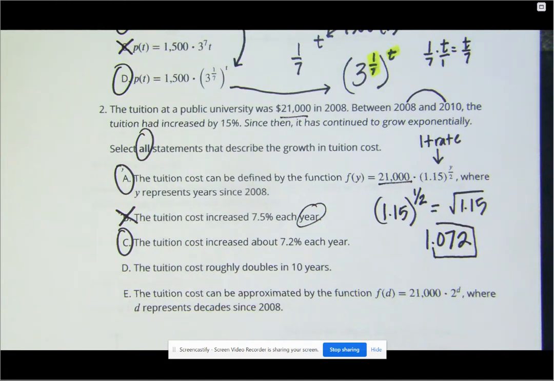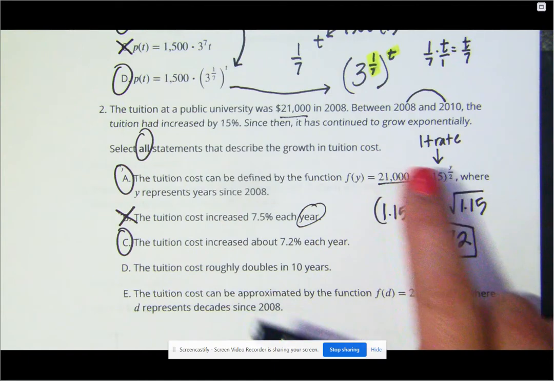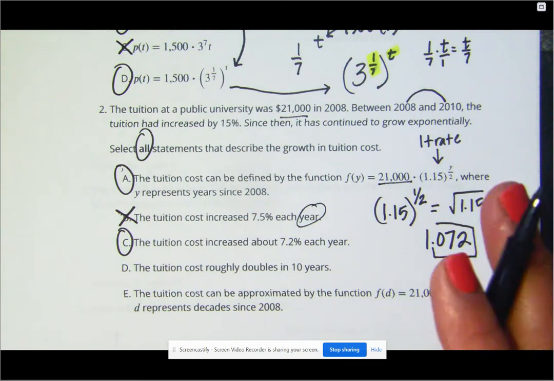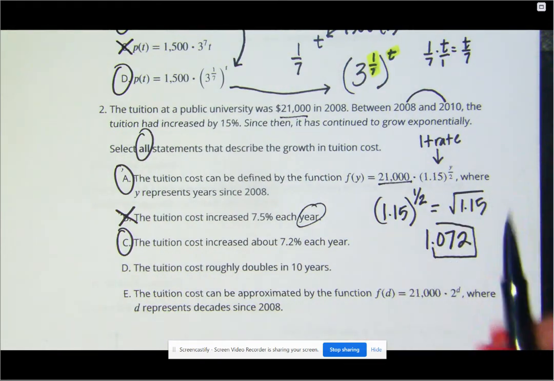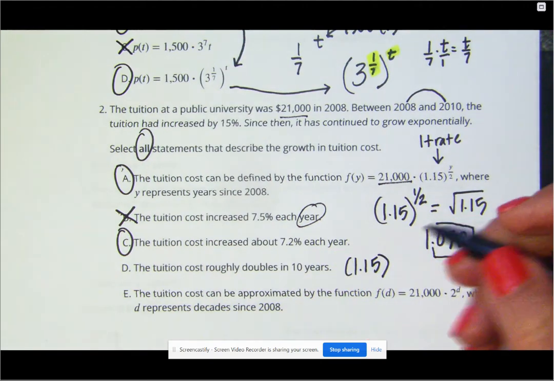Well, you could do the whole equation and see if you get about double this. I was thinking I would just do what I did here, because if the tuition is going to double, that means the growth rate has got to be about 2. So I'm going to take 1.15 and I want 10 years.